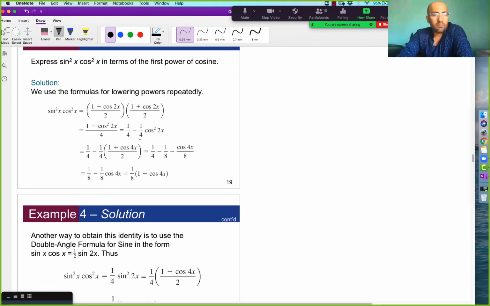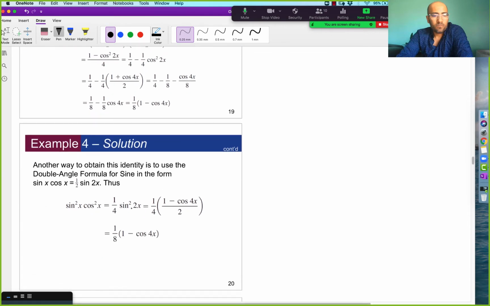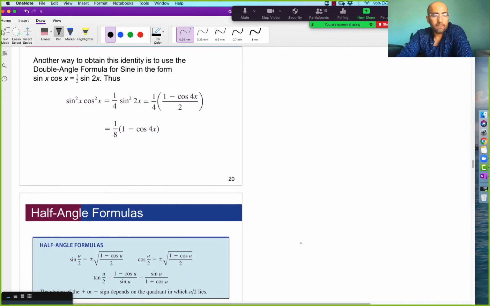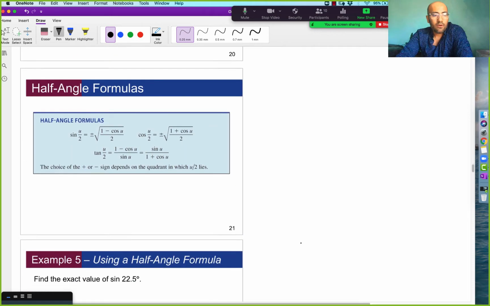Good. Multiply. Okay, good. Apply it one more time. Yep, same thing I did, and we end up with the same answer. The author did both ways. Good, good. Okay, half angle formulas.